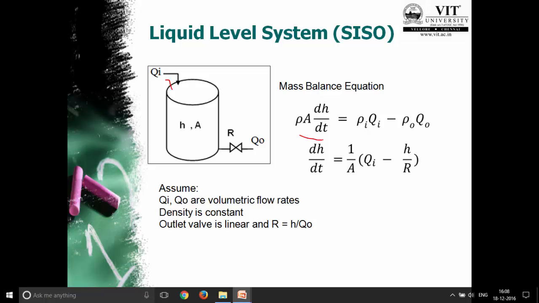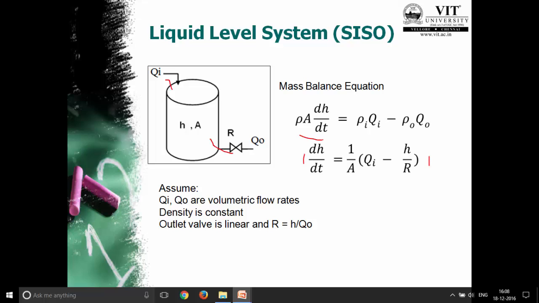So the outlet is here. So rho naught Q naught, and we have a relationship between this Q naught and the valve resistance. So if I am writing this, this is the ODE equation for the system.